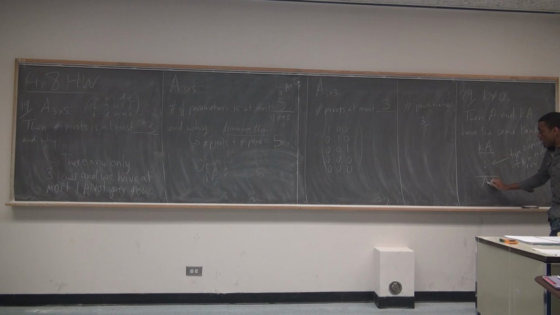Then you'd end up with A, and then you continue to the reduced row echelon form of A. So if K is non-zero, KA and A have the same reduced row echelon form. This means that KA and A have the same rank. Just use a type 2 operation to turn this into that.